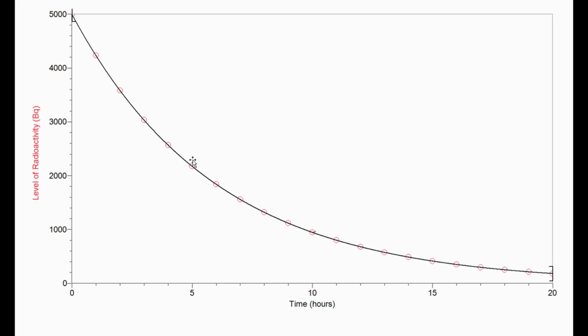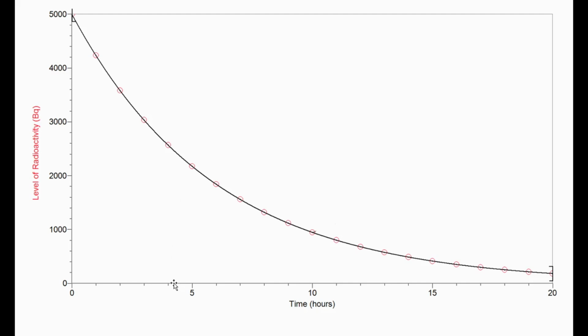So let's look at half-life again. We started out with an activity of 5,000. After one half-life, we would expect that activity to go down to 2,500 because we would expect the number of undecayed particles to have fallen by half, so the level of activity should fall by half. So if we go from 5,000 to 2,500, approximately here, and we go across and we hit the graph here, we find out that yet again it's about 4.2 hours.